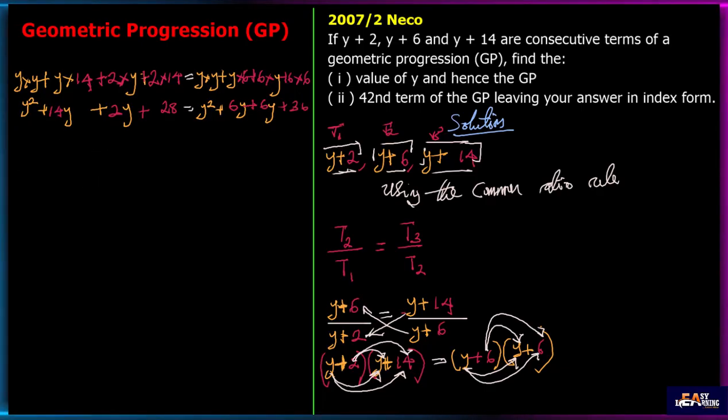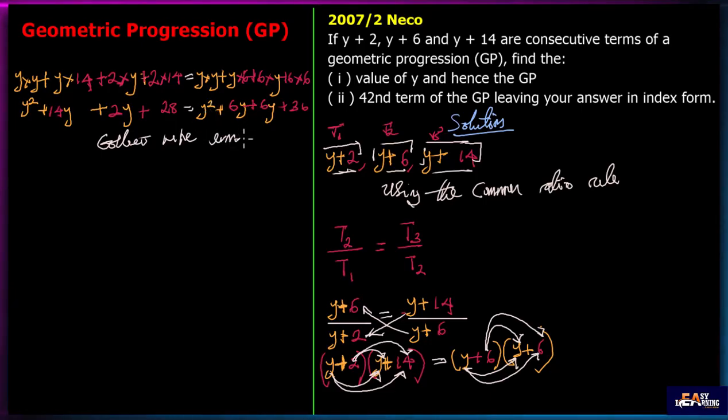Okay, we can collect like terms. Collecting like terms, all y squared to y squared will move together.